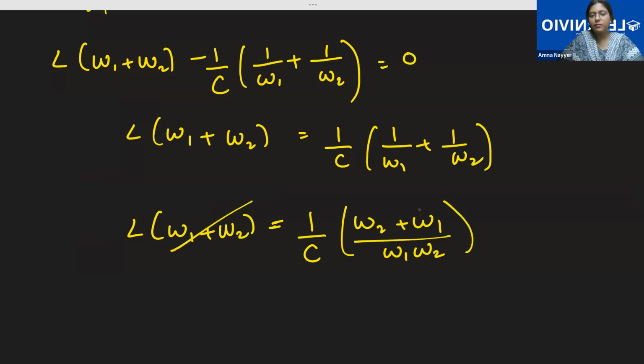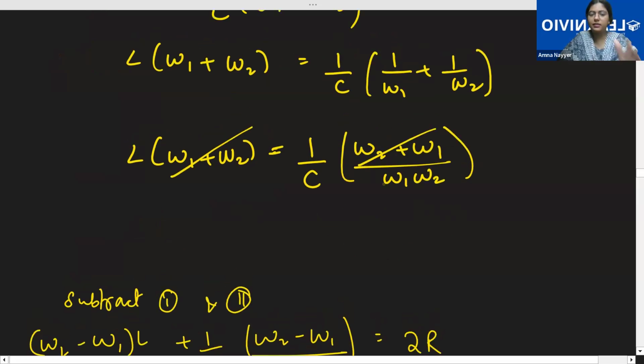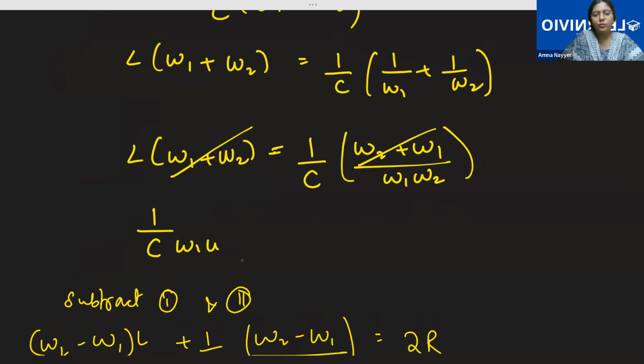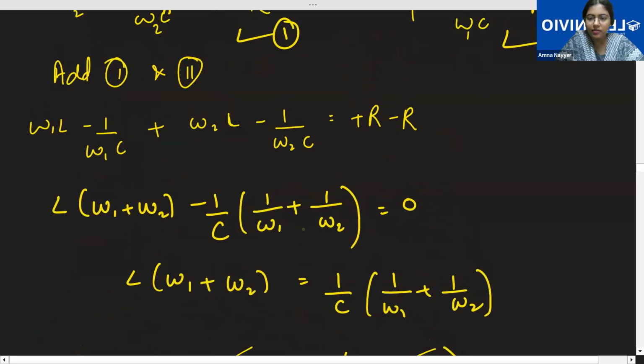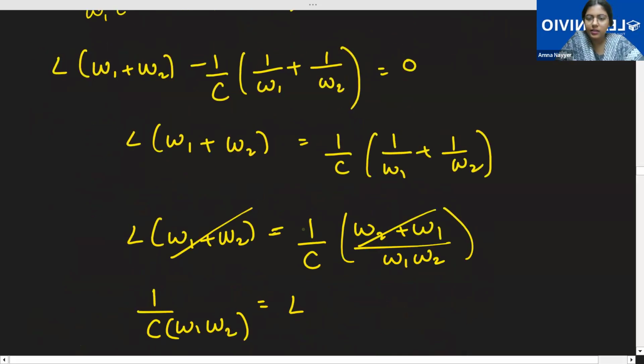So omega 1 plus omega 2 cancels here. So from here, L is equal to 1 by C into omega 1 into omega 2. Till here, have you understood this whole calculation if we add them? Now we need this later on, that's why I've stopped here.